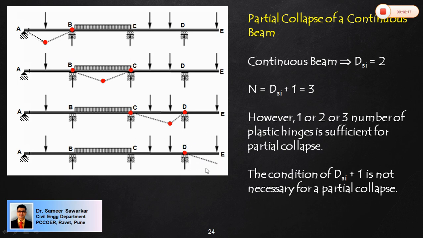So here hardly one plastic hinge is necessary for the partial collapse of the beam. So we are concluding the condition of DSI plus 1 number of plastic hinges formed for complete collapse, DSI plus 1 is not necessary for a partial collapse. Most important statement.